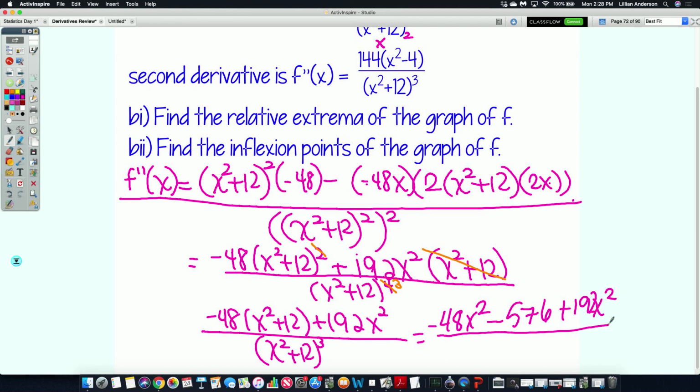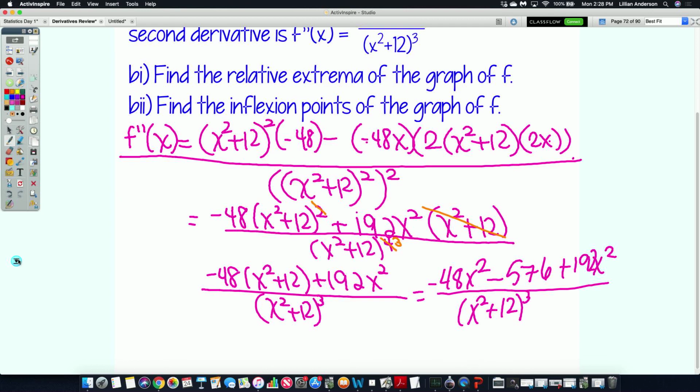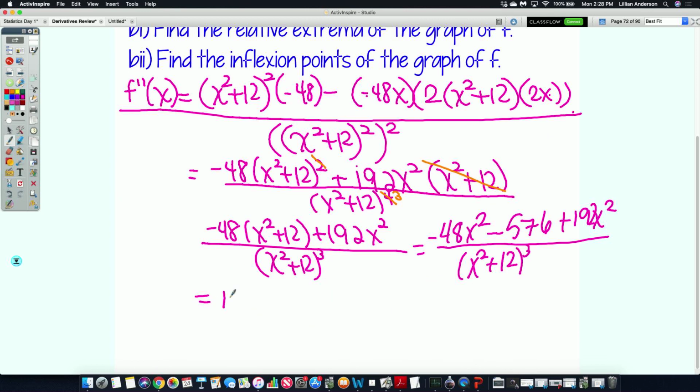Combine your like terms. So when I subtract this, that does give me what? 144x squared minus 576, and then you factor out.